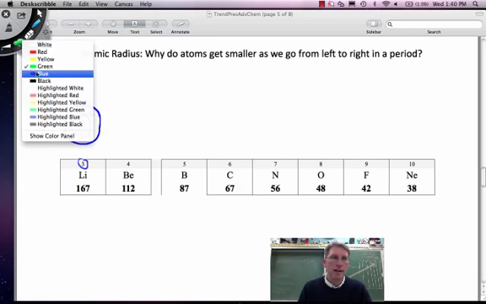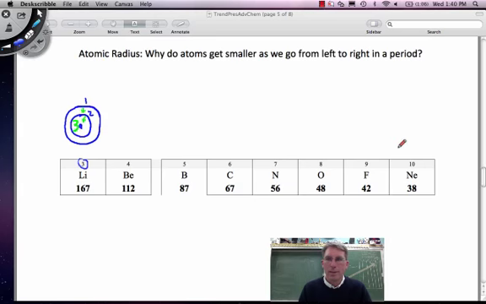Now let's go to the other side of the table, and we're going to look at neon. Neon's got 10 protons, so we're going to need a nucleus, and we're going to put 10 protons in there, and we're going to need to put a ring around it that has 2 electrons, and another ring around it, let's see if I can draw this a little smaller, that's got 8 electrons. So we've got 2 and 8.